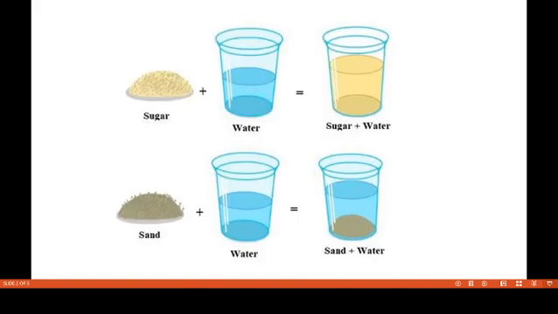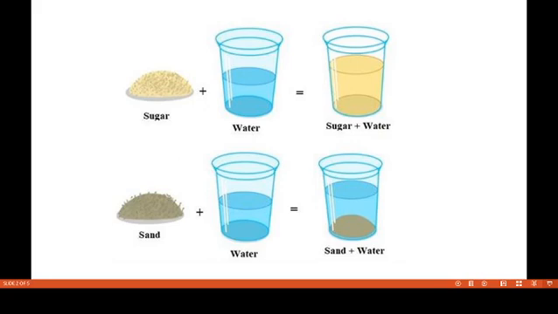What is solubility? Solubility is defined as the maximum amount of a substance that will dissolve in a given amount of solvent at a specific temperature. For example, if we add sugar cubes in a cup of tea or coffee or in water, and then we add sand in water, which one dissolves in water or a cup of coffee?